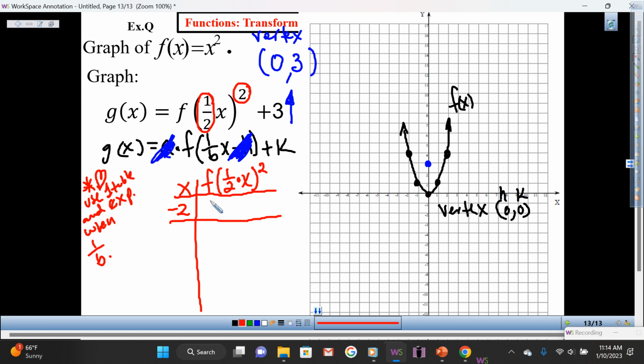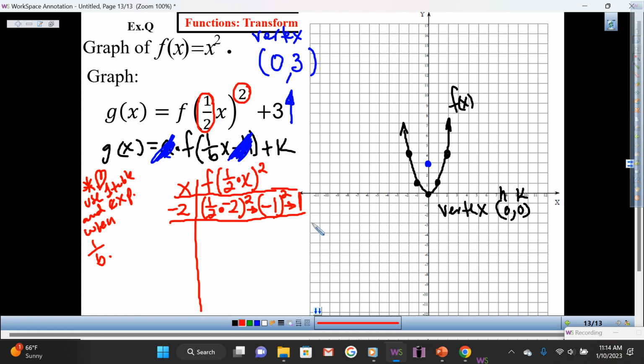For the sake of space, I'm not going to use the f anymore. I'm just going to substitute the negative 2 here for x. So I'm going to do the work. We got 1/2 times x, which is negative 2, and then we're going to square it. So, question, what is negative 2 times 1/2? Negative 1. We're going to square that at the end. So what is negative 1 squared? Negative 1 squared is positive 1.